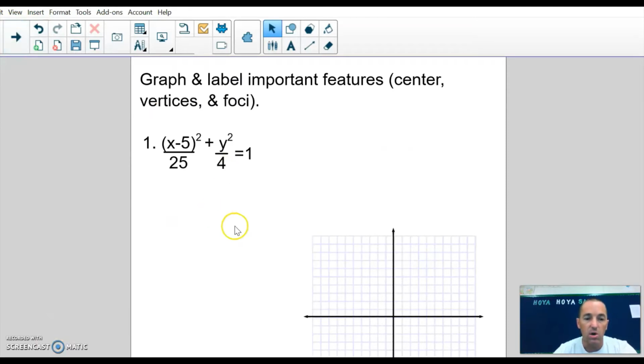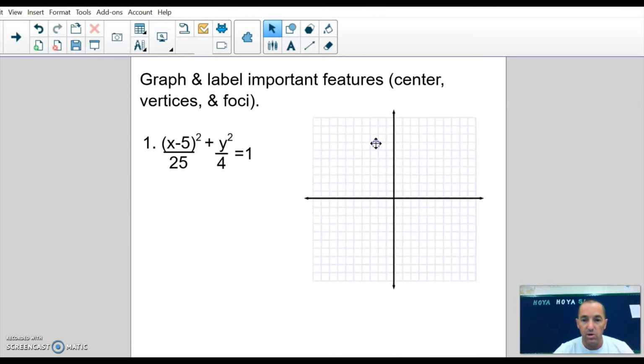Okay, so this is a typical equation for an ellipse. And so one of the things that you're going to want to pay attention to when you are graphing an ellipse is which number on the bottom is bigger. And so this number here on the bottom, this 25, is going to be your a squared, and the 4 is going to be your b squared.